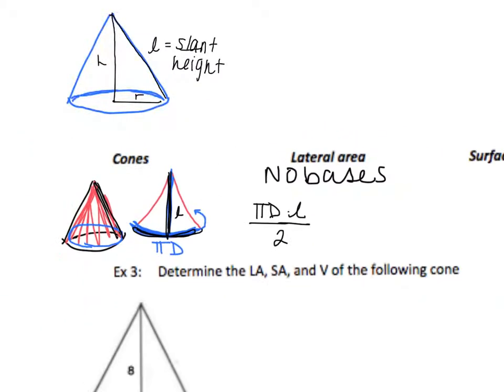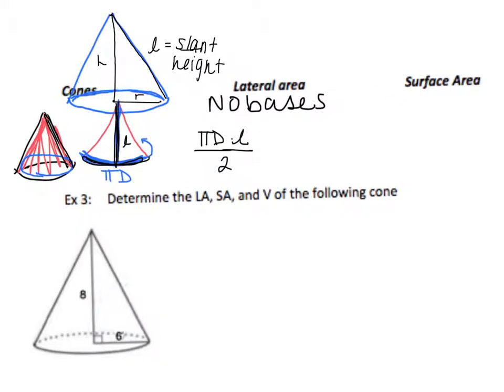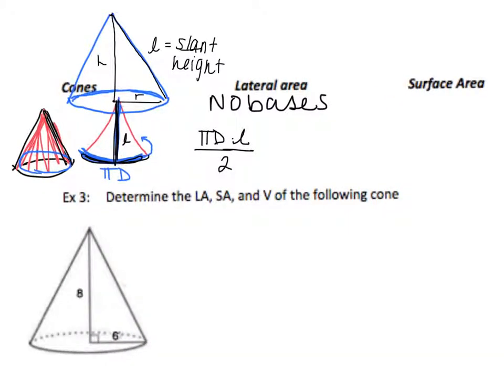Alright, so let's go ahead and try the one down below and do the lateral area. So lateral area is going to equal 12 pi, because that's the circumference of the base, times the slant height. But remember, the slant height is on the outside. I don't have that. So if you see this triangle on the inside, it's a right triangle.